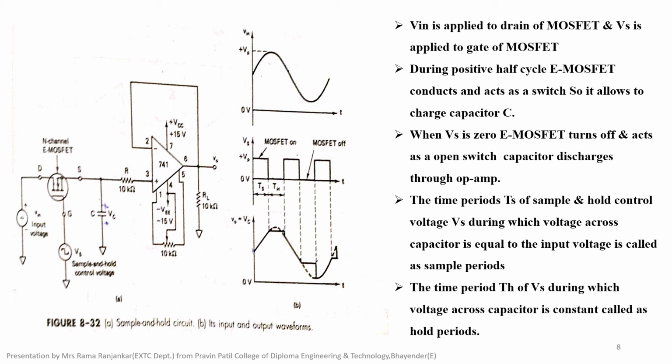The capacitor discharges through the op-amp. The time period Ts of the sample and hold control voltage VS, during which the voltage across the capacitor is equal to the input voltage, is called the sample period. The time period Th of VS, during which the voltage across the capacitor is constant, is called the hold period.